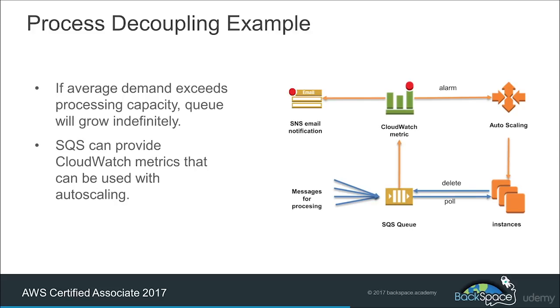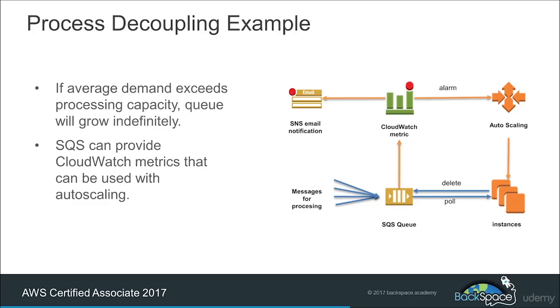What we can do is use an auto-scaling group, and launch our instances within it, and we can have a CloudWatch metric from the CloudWatch service that can trigger an alarm to scale out or scale in. To scale out by adding instances to increase our processing capacity, or scale in by reducing instances and reducing our processing capacity.